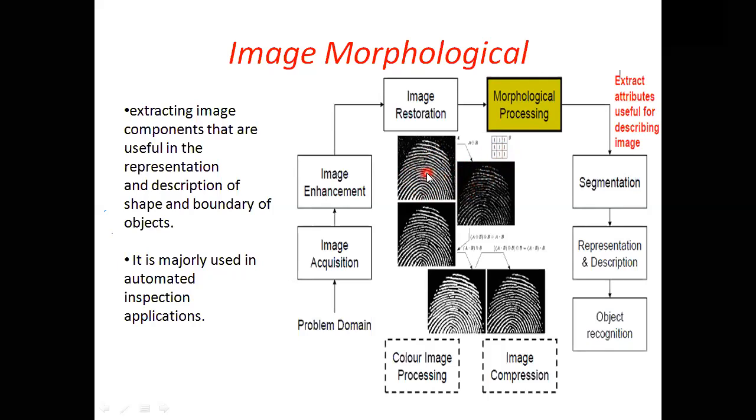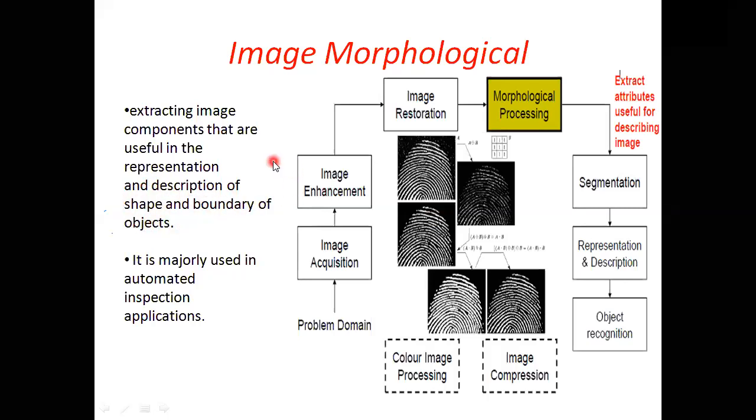Now here in this morphological processing, we are extracting image components from these fingerprints, to see whether the fingerprints are equal or different. So here we extract image components that are useful in the representation and description of the shape and boundary of objects.